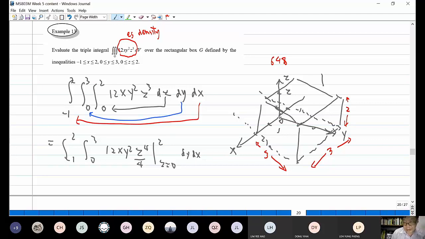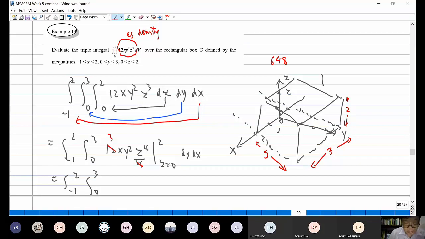Okay, then move on to the next page. So this is actually -1 to 2, 0 to 3. So this is actually cancellation. So you can cancel this 4 and 3 now.